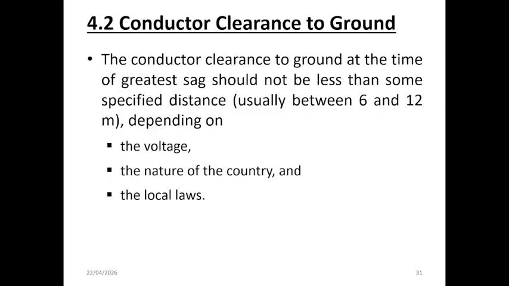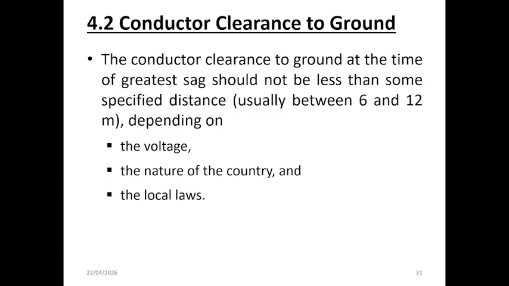This slide emphasizes the importance of maintaining sufficient conductor clearance from the ground in overhead transmission lines. The minimum clearance must be ensured at the point of maximum sag, which usually occurs under the most severe operating conditions, such as high temperature and maximum loading.